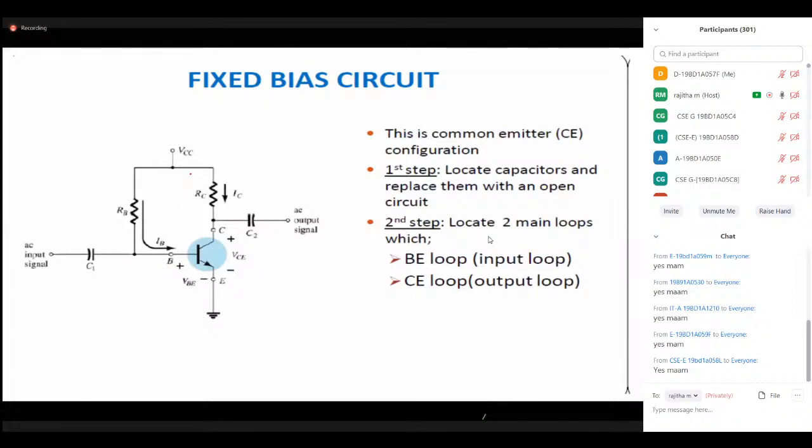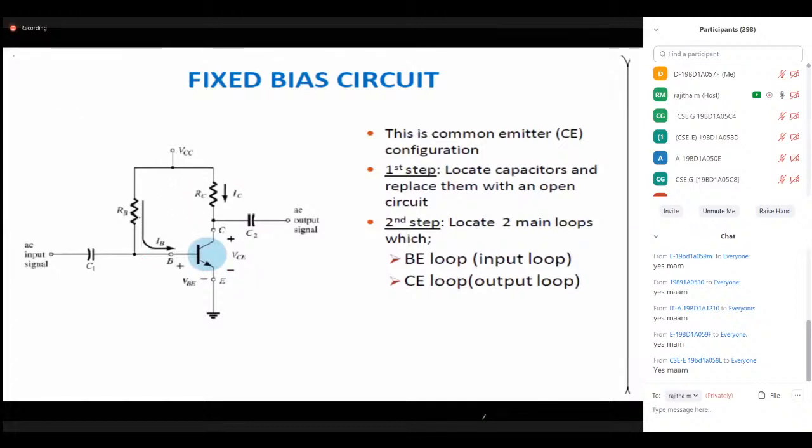In our circuit, I took only one common source, VCC. Actually, a CE amplifier would have only VCC connected to the collector resistor, but in the fixed bias circuit we have taken a base resistor RB. This base resistor RB couples the common source VCC to the base of the transistor, and VCC is also coupled to the collector terminal through a resistor RC.